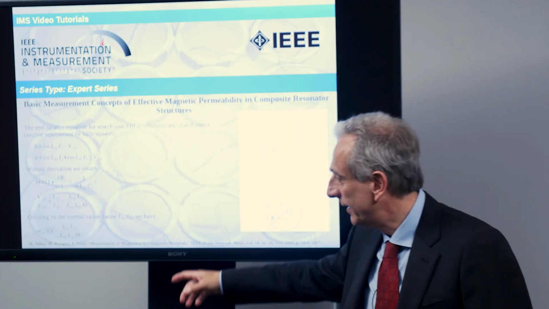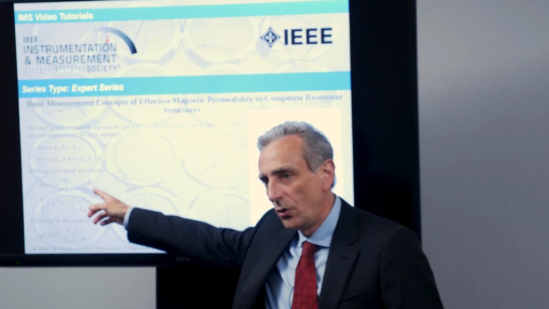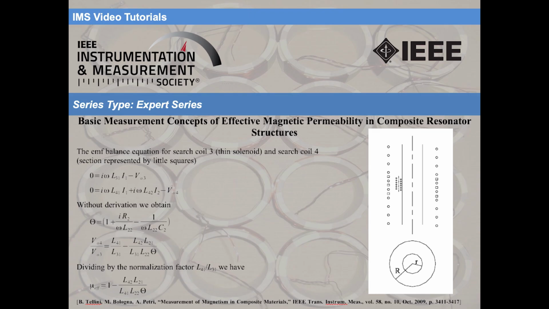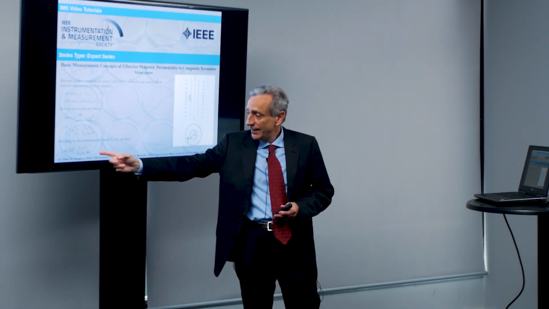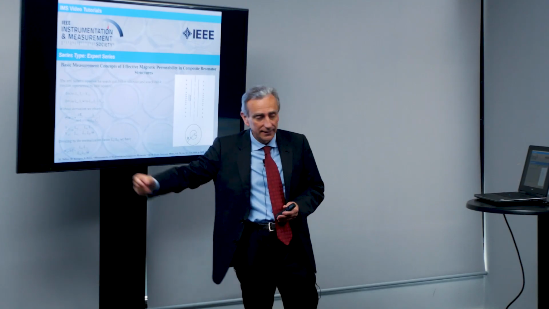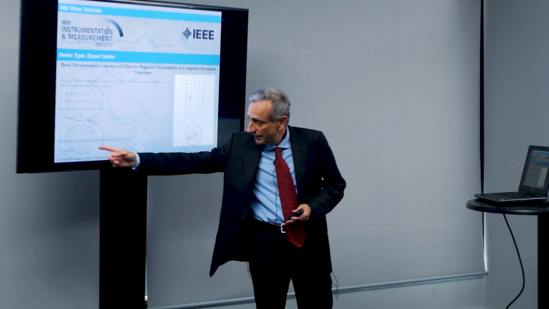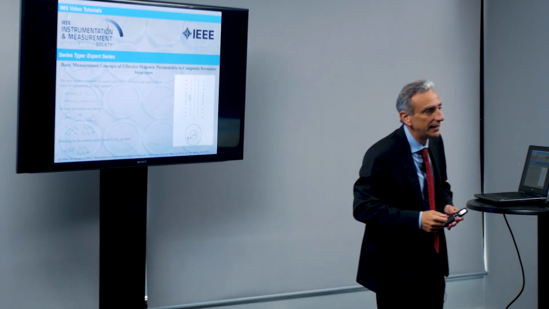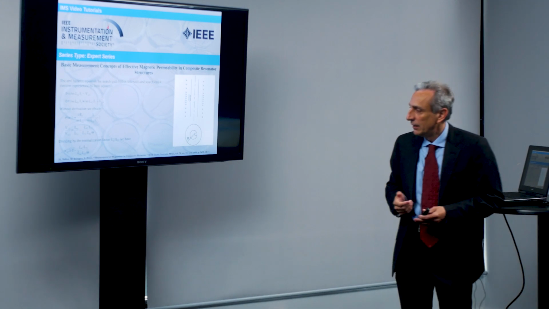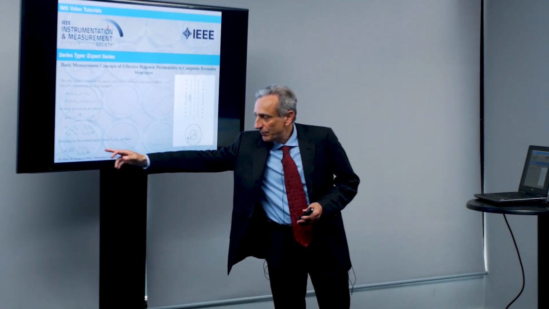And looking at this expression, we can understand that close to the resonance, assuming especially a small value of the resistance R2 that is referred to the conducting cylinder, we would be able finally to have a large number here that means a negative value of the effective permeability. What is the effective permeability?